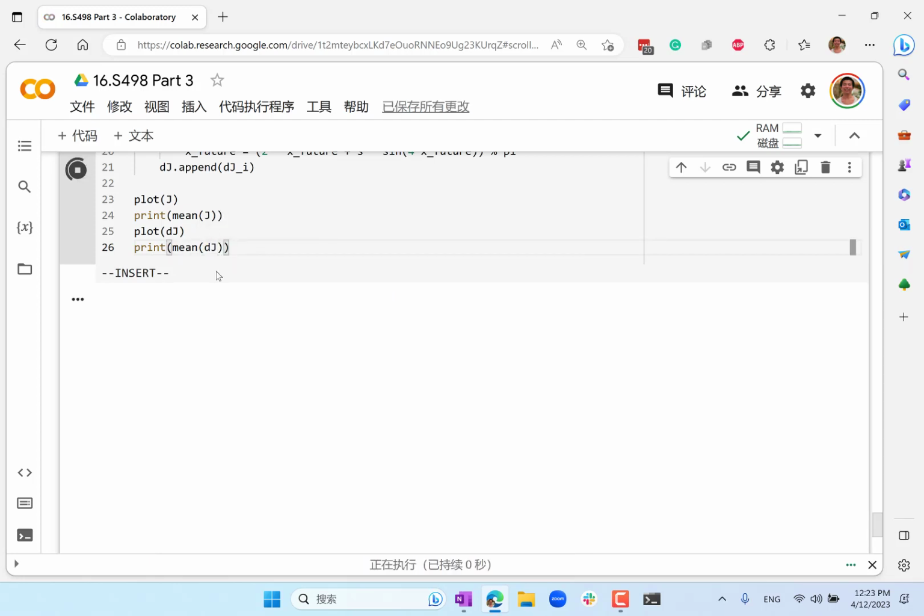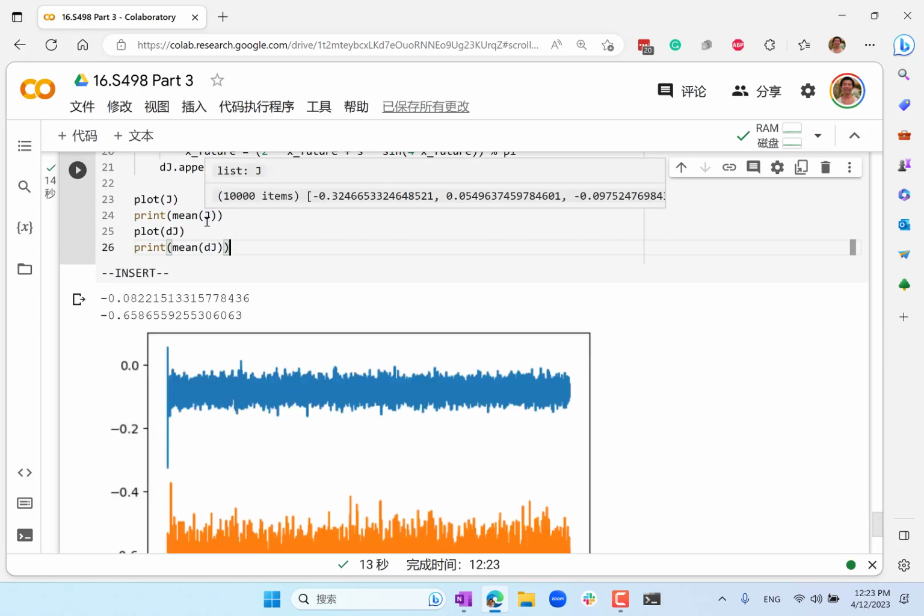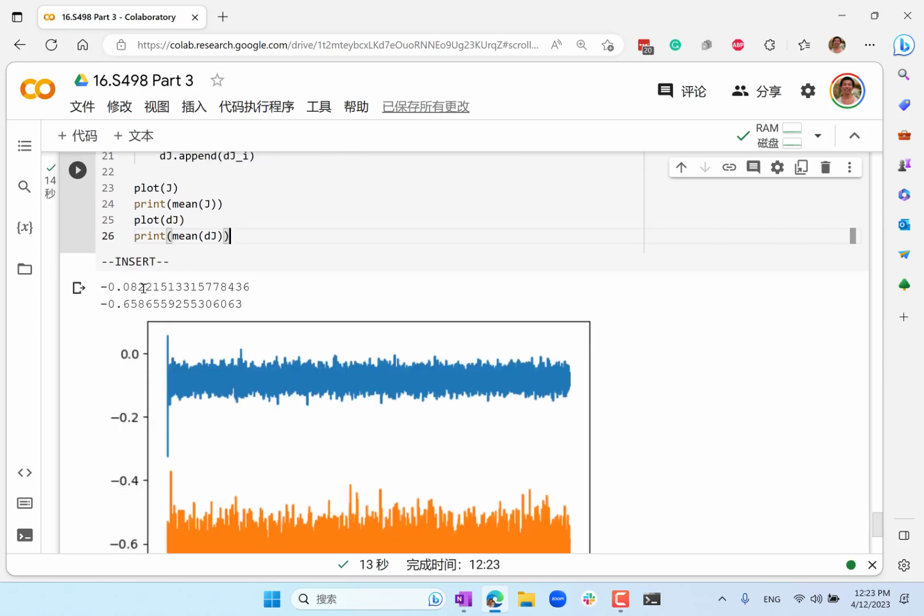So the objective function should have dropped from 0 to about minus 0.07 or 8. So let's see what the number turns out to be. Okay, 0.08. And the dj represents the derivative of the objective function, right, with respect to the parameter. It turns out to be about minus 0.65.